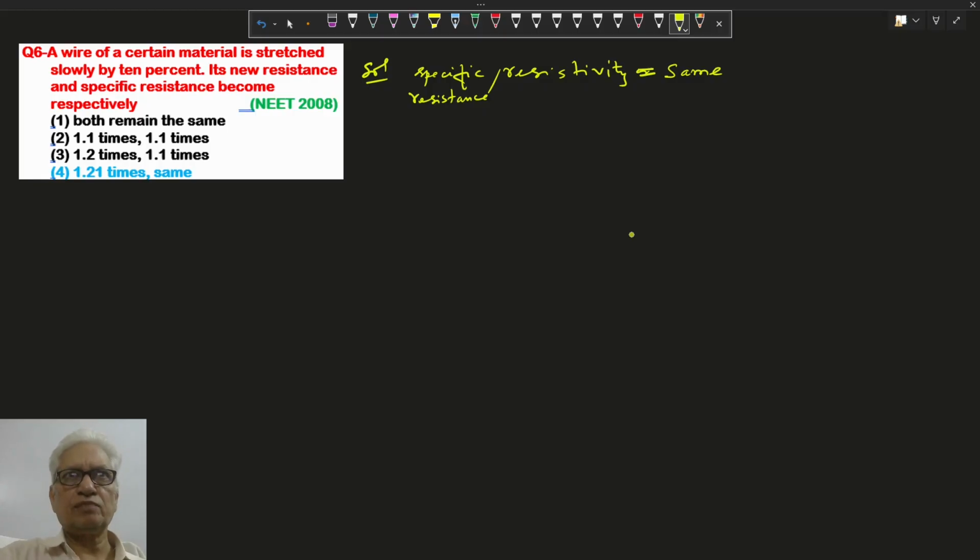But resistance will change. Initially the length is L1 and area was A1. Finally, after stretching, L2 is 10% more than L1, that is 110%, meaning 1.1 L1.